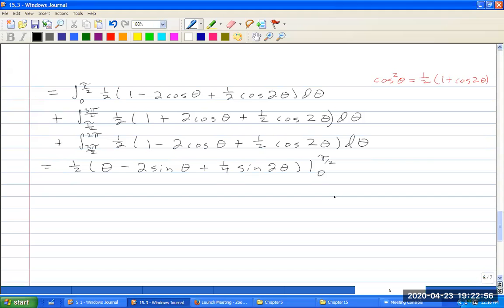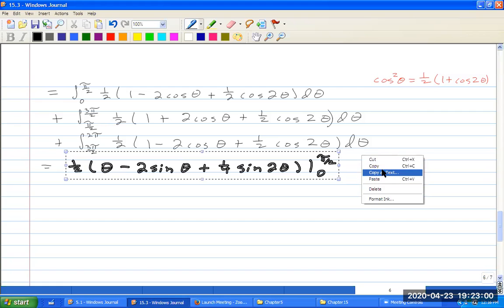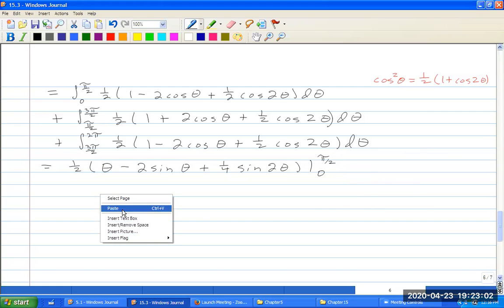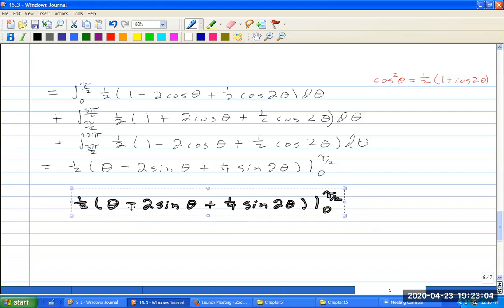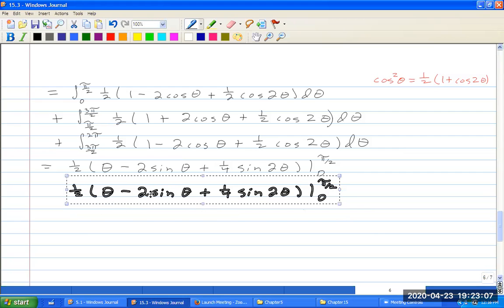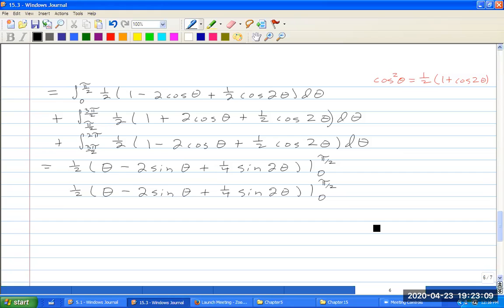And then the same thing for the next line, plus. Change that to a plus, and that's pi over 2 to 3 pi over 2.